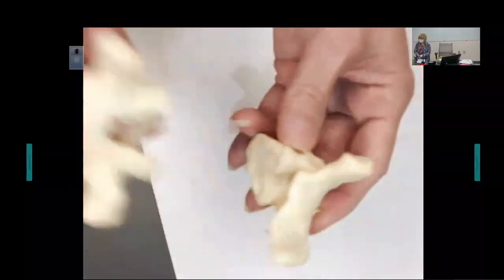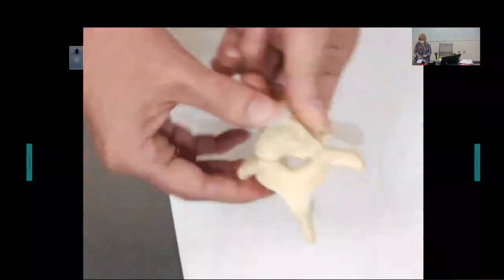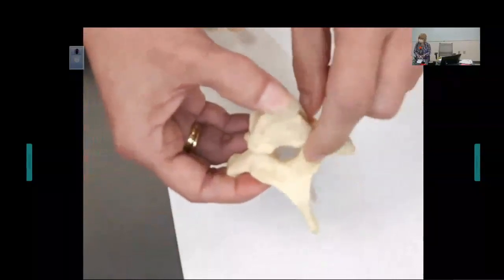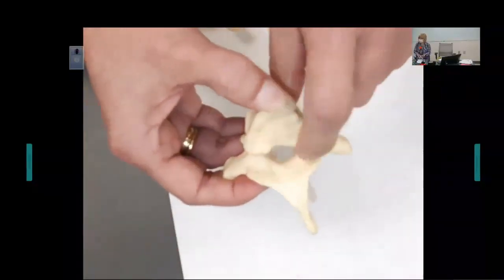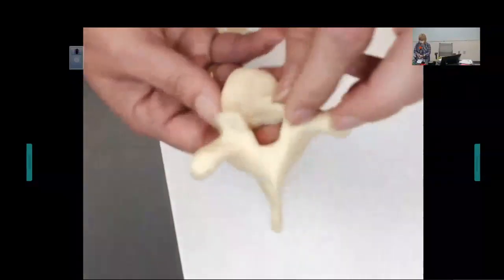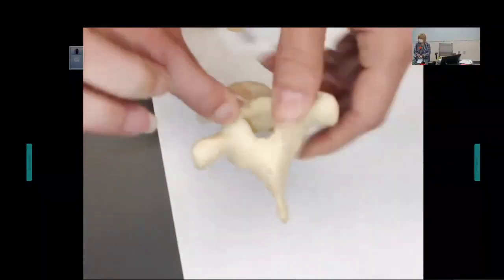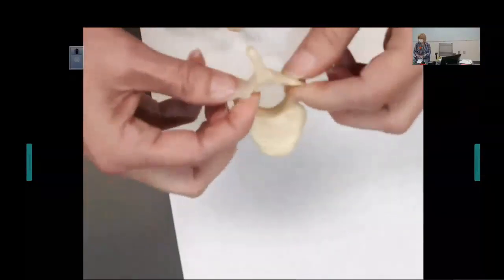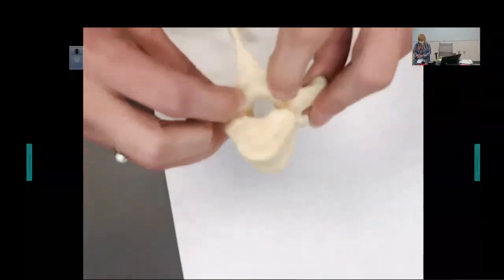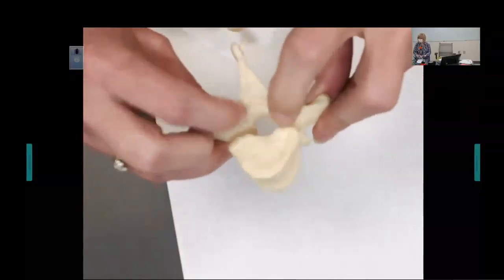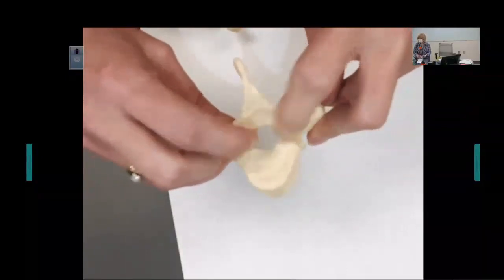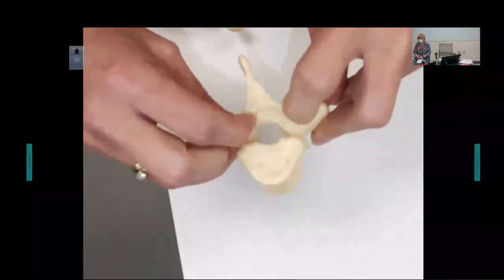Can you see where he's connecting there? Underneath, can you see those little spots right there? Those are the inferior. So his horns are the superior articular facets, and his cheeks or his jowls underneath here are the inferior. Does that make sense? Because they're connecting.